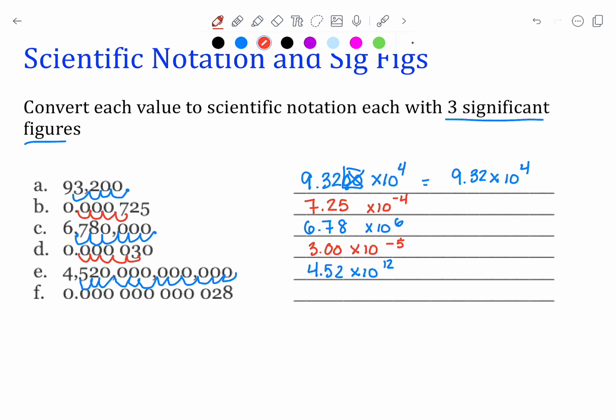And finally, 2.80 times 10 to the negative 11 because we're going to the right. Okay, so those are all of our values converted to scientific notation, each having 3 significant figures.